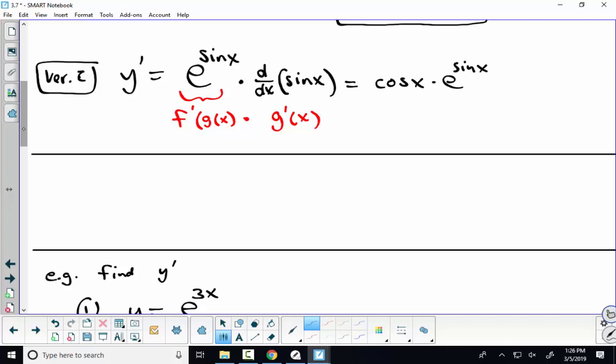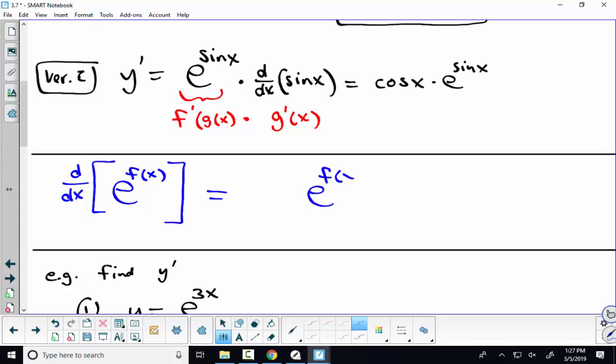Okay. So our generic statement we're gonna write down is, if I take the derivative of e to any function of x as the power, when I take the derivative, the e to the f of x part stays, so it's still e to the f of x, but by the chain rule I have to multiply it by the derivative of the inner function, which is the exponent. So it's f prime of x times e to the same power.